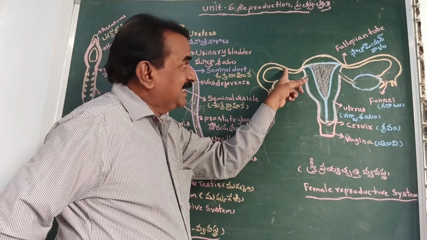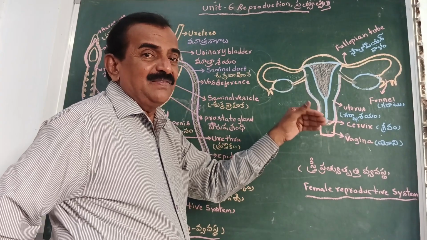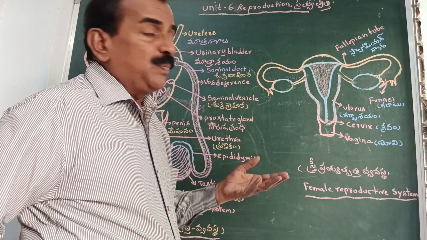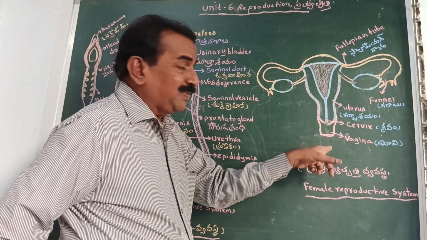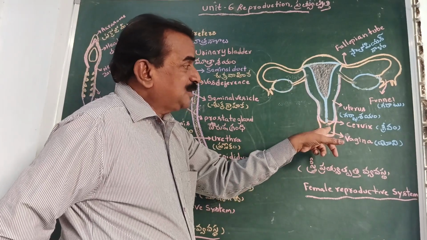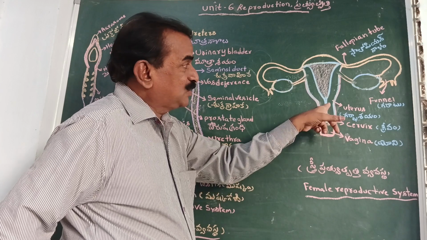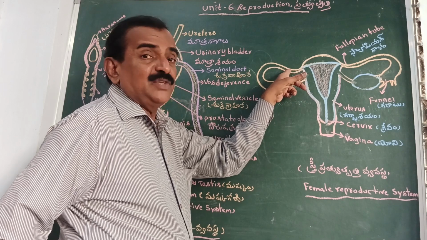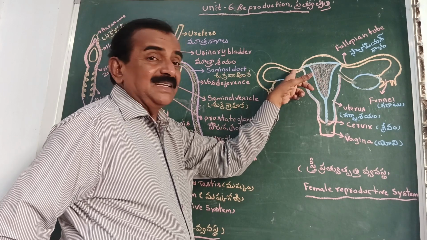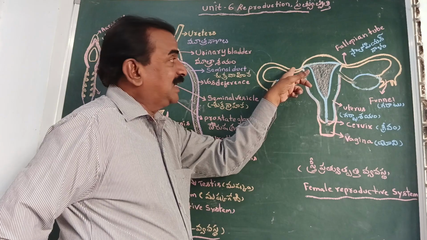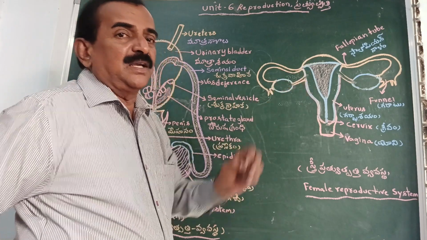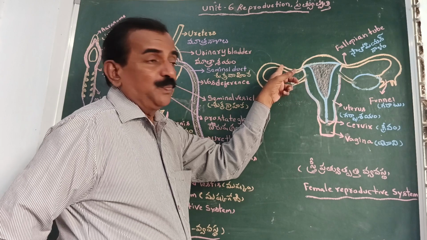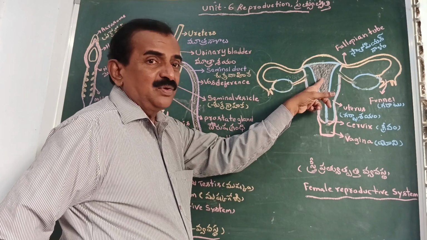And if that female is married and has copulation, the male releases sperms into the body of the female through the vagina, and the sperms may enter through the cervix into the uterus and into the fallopian tube. If there is an ovum here, the sperm fuses with the ovum and leads to the formation of a zygote. So zygote formation takes place in the fallopian tube, not in the abdomen, not in the uterus.